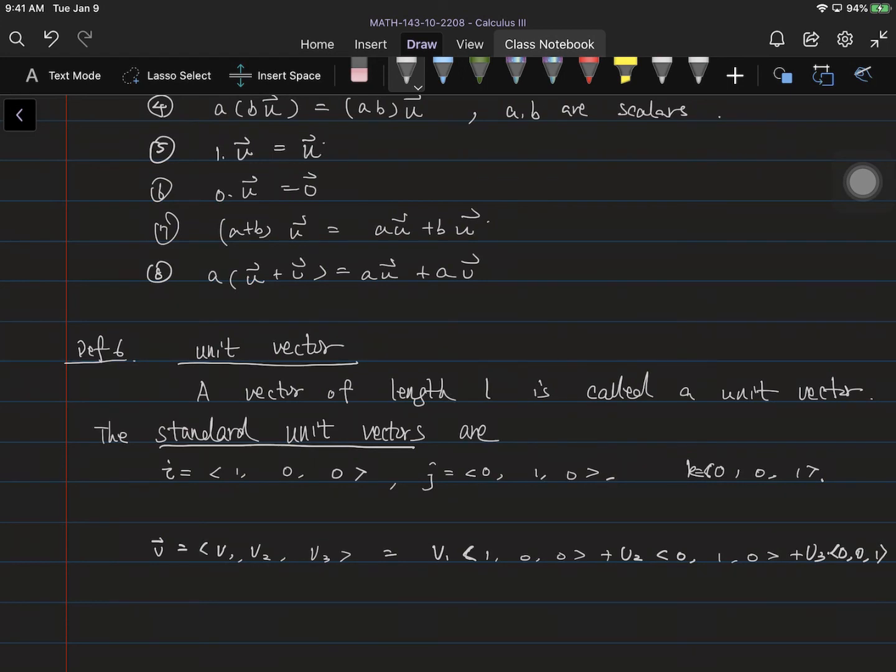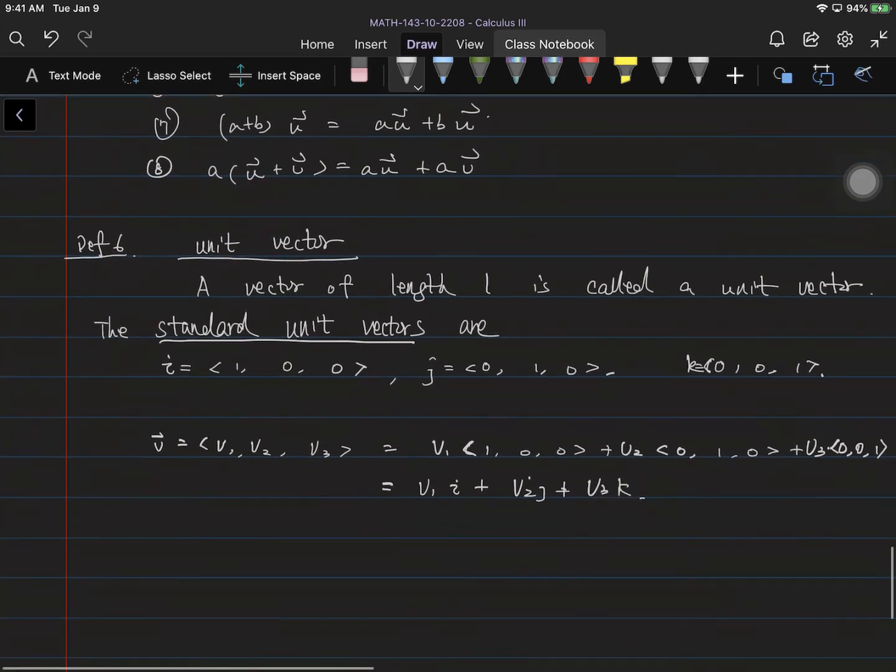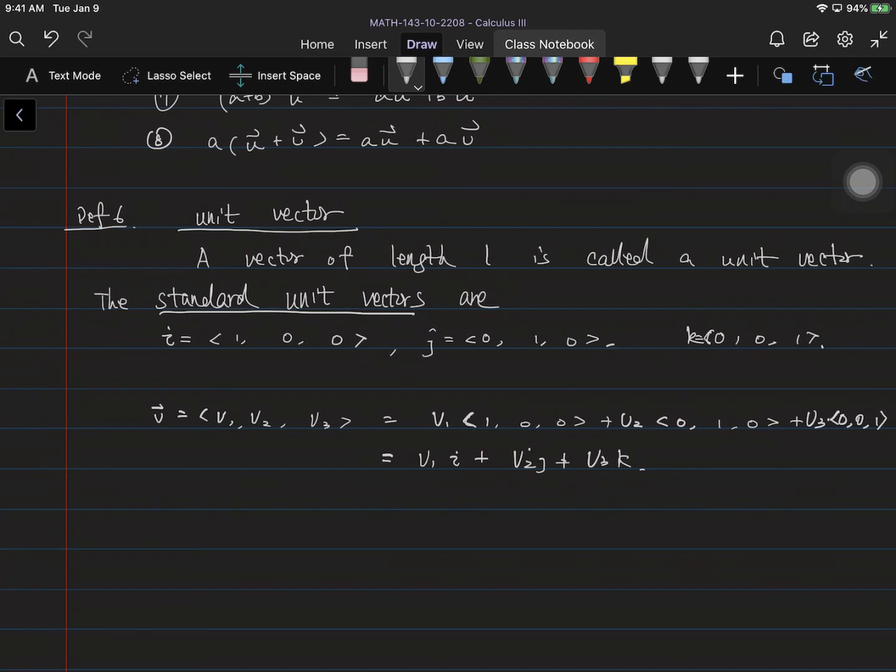And this is just v1 i, v2 j, v3 k. So for a general vector, another way to write down the vector is using this way. And v1 is the i component, and this v3 is the k component.